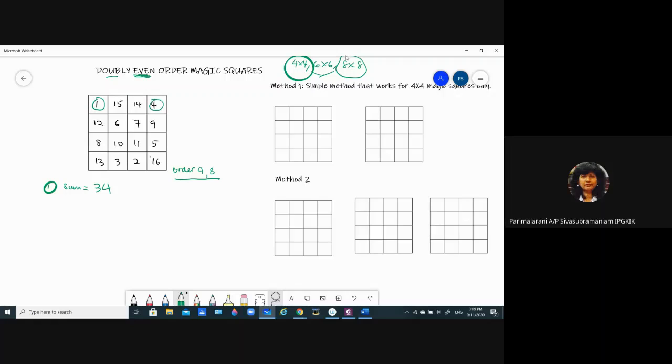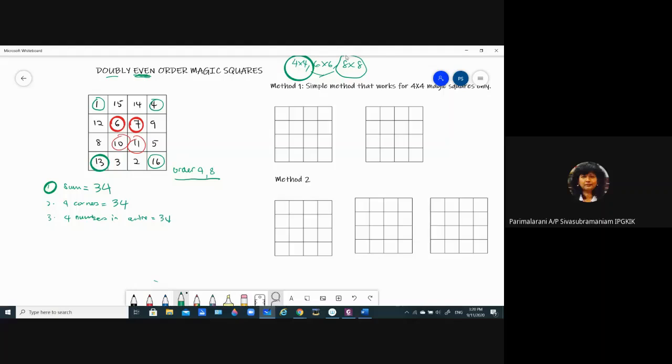If you add these 4 corners here, you get 34. What about the 4 numbers in the center here? Also 34.